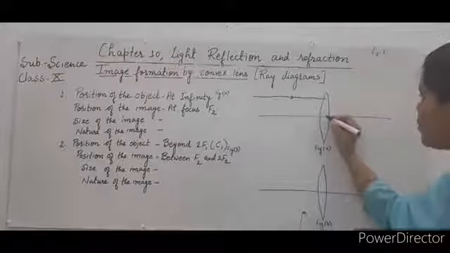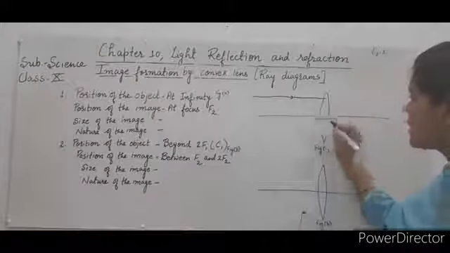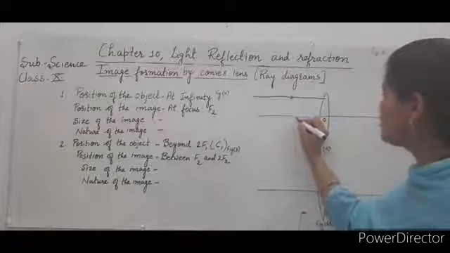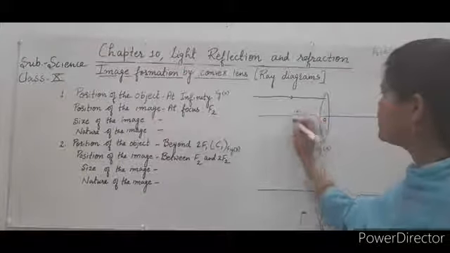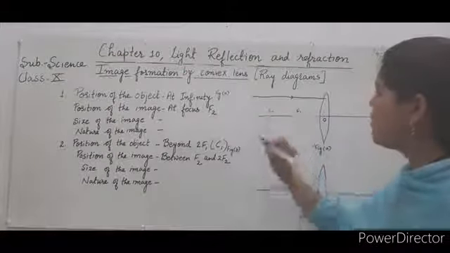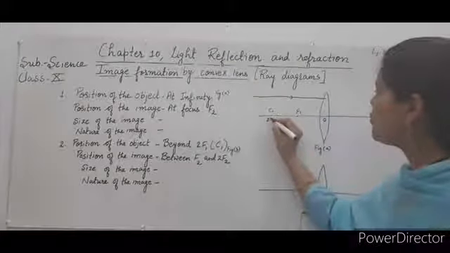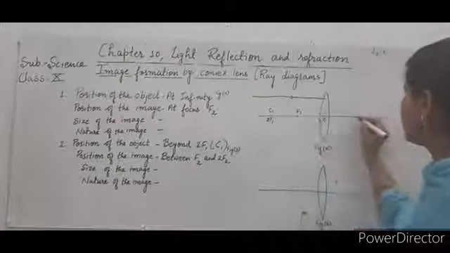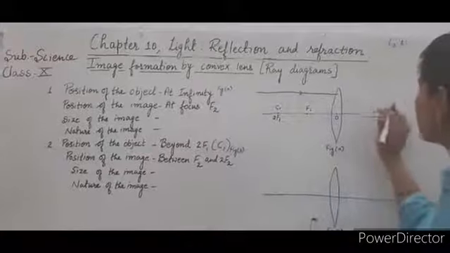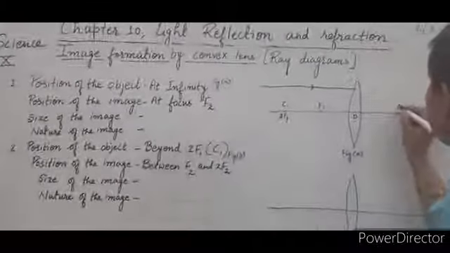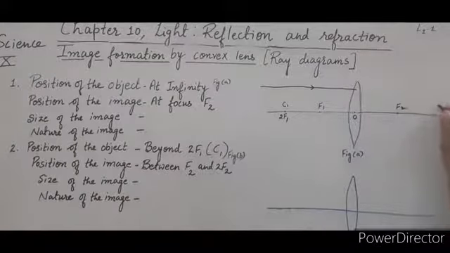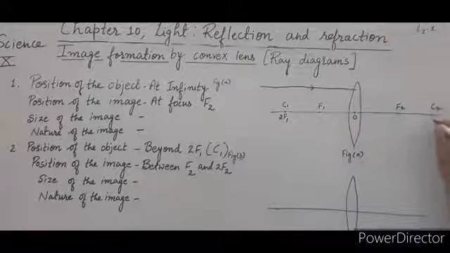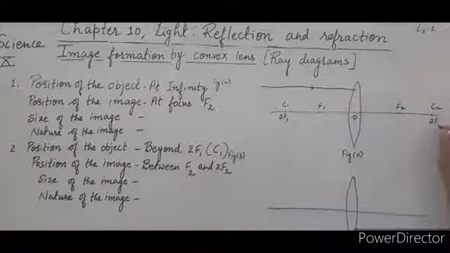This is our convex lens, this is the optical center, F1, this is C1, or this can be called 2F1, C2, this is F2, and C2 can be called 2F2.